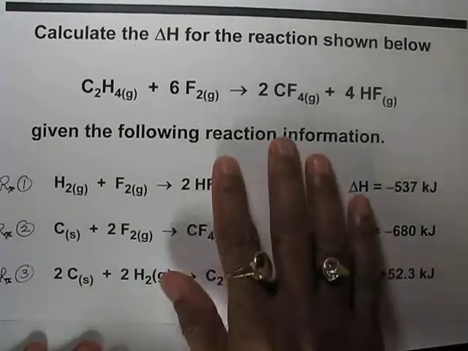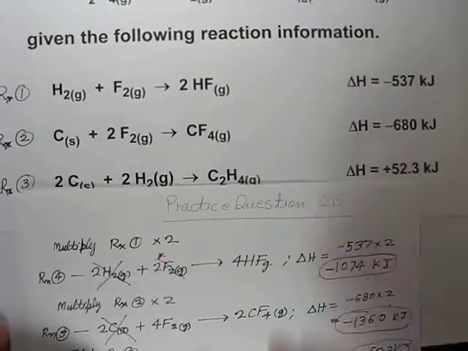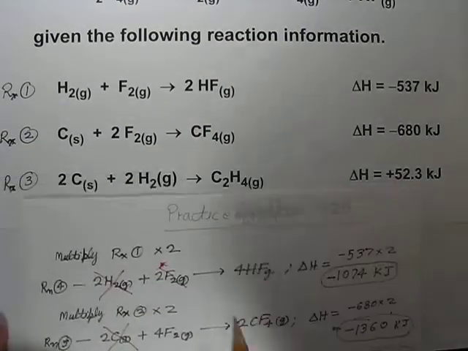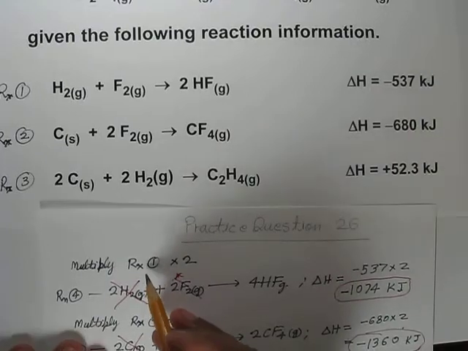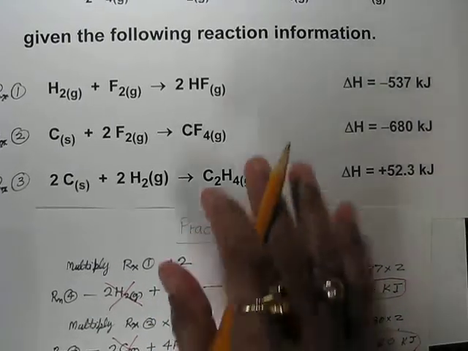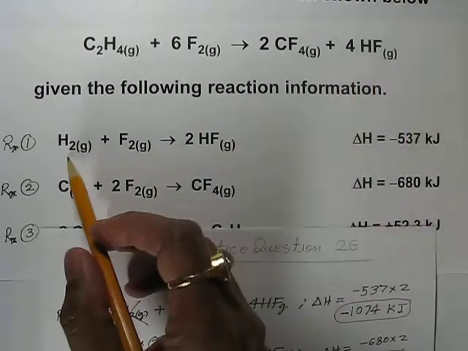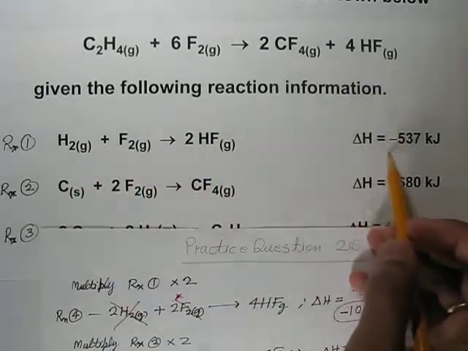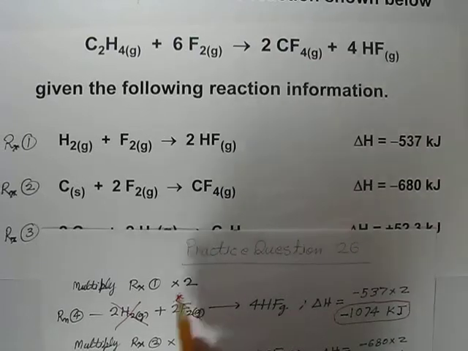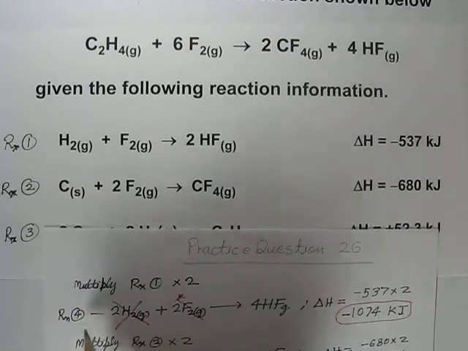So what we will do first is multiply reaction number 1 by 2, because we need 4 HF on the product side, so we have to multiply this whole reaction by 2. Once we multiply by 2, I will label this as reaction number 4.